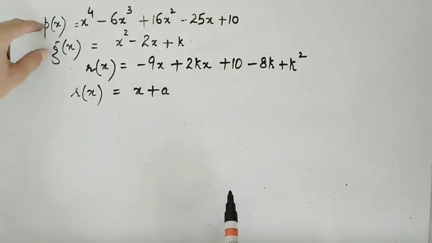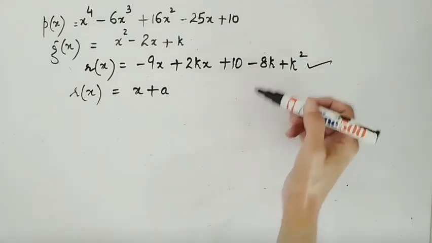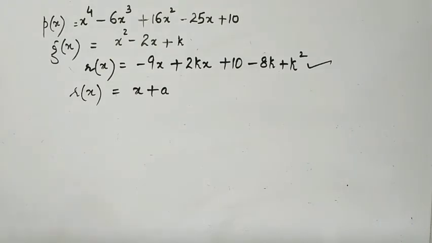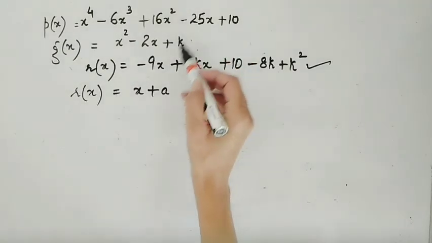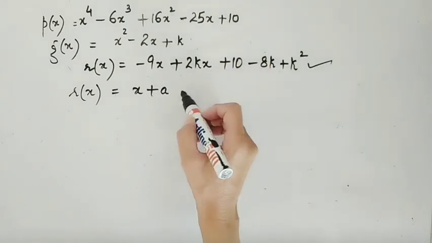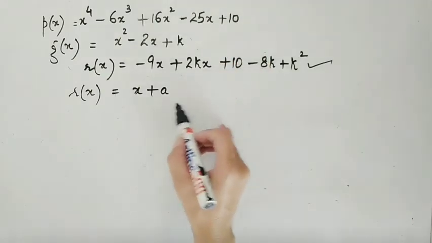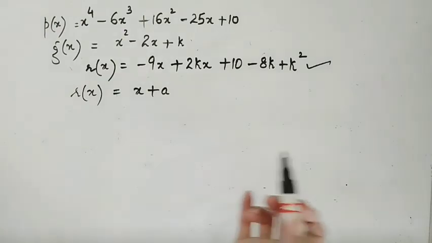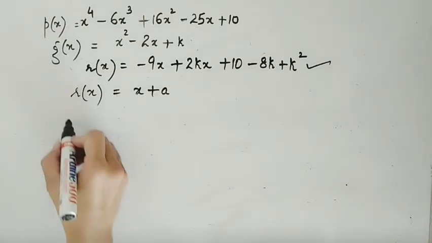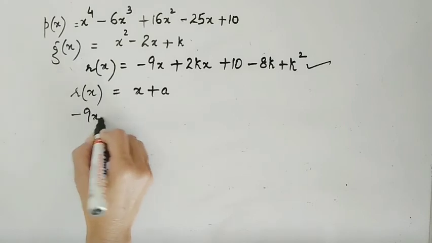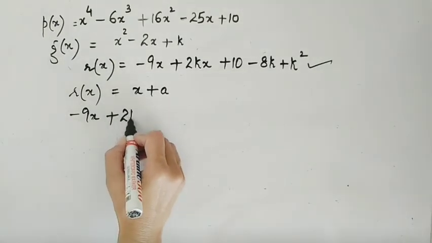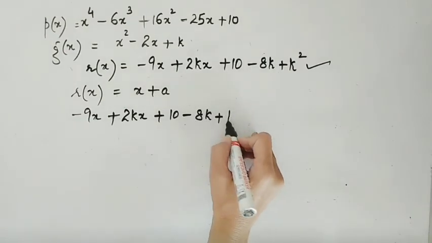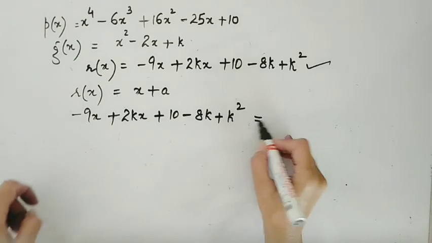Actual division of these two gave us this remainder which we have just now seen, and the division in the question says that these two, when divided, gave us a remainder which is marked as x plus a. It means these two remainders are same, they are talking about the same remainder. So let's equate them. On equating, minus 9x plus twice of kx plus 10 minus 8k plus k square and x plus a.